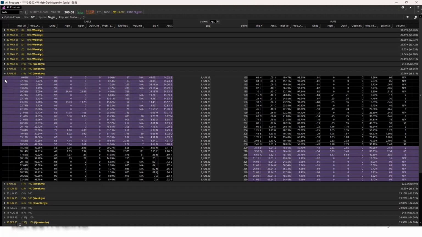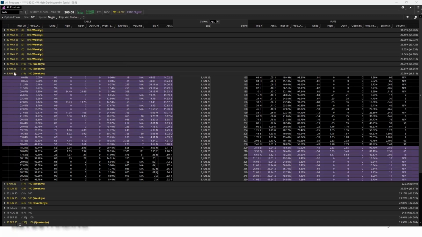And then looking at other probabilities, we'll get into this in more detail in just a second. A 20 delta is typically going to have about an 80% chance of expiring out of the money. So I look at probability out of the money. Also probability of touch: what is the likelihood of the underlying touching that price level between the trade entry and expiration?